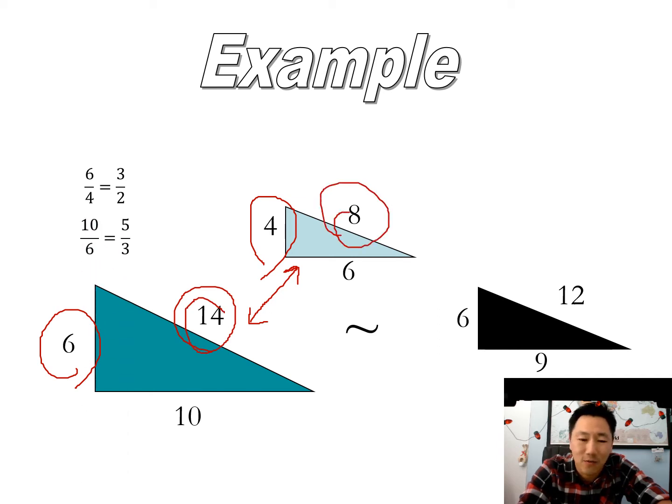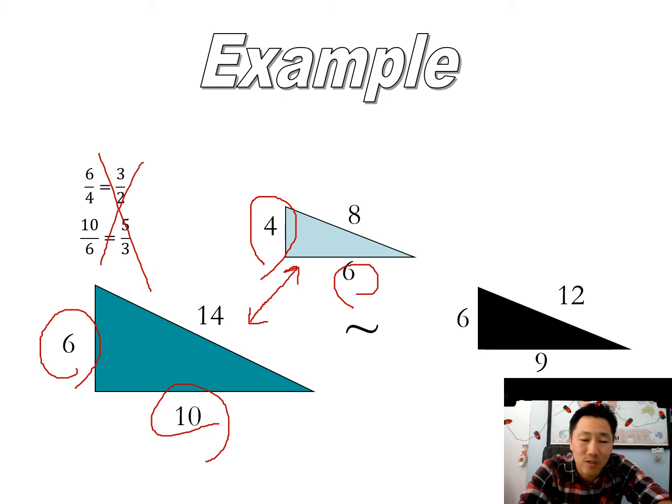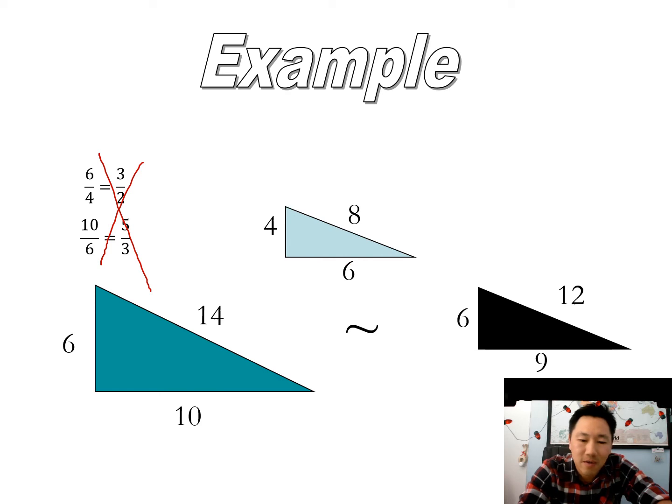Oh, I didn't do 14 and 8. I did, instead, 10 and 6 and reduced it. And it looks like they do not reduce down to the same scale factor. So those two triangles are not similar. Let's go ahead and compare, I don't know, let's compare these two now.